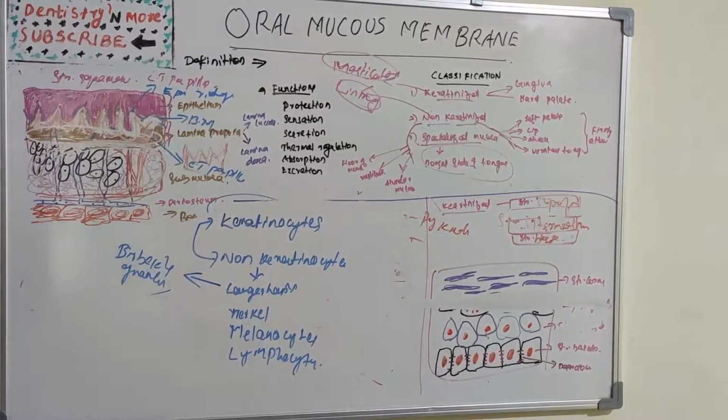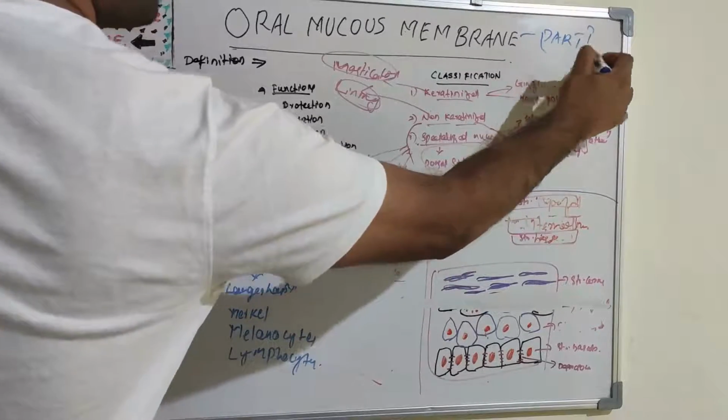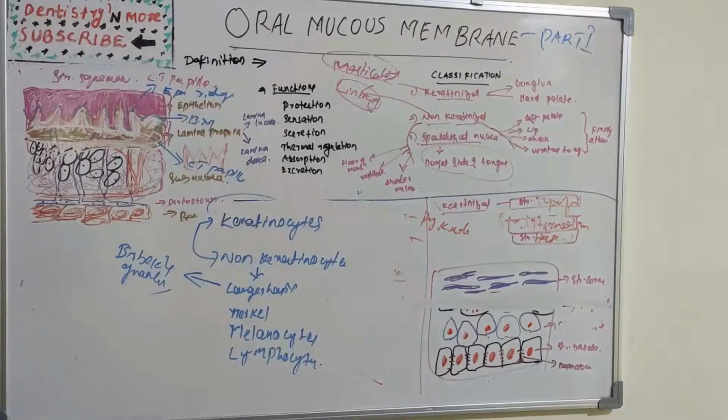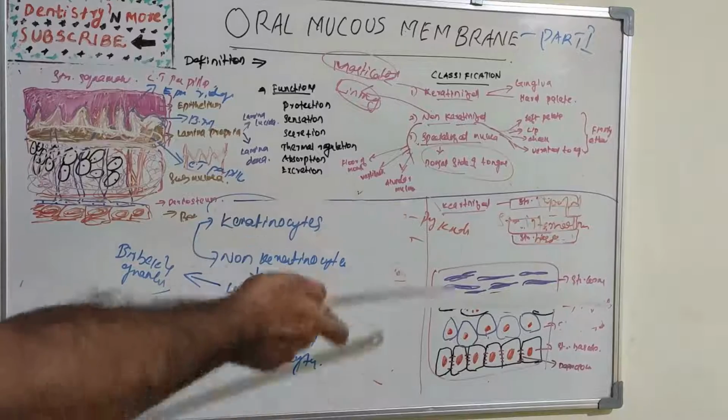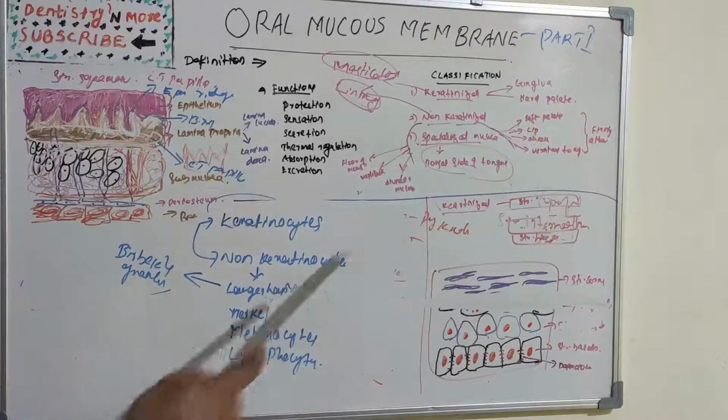So in part 1 we have learned more about its epithelium, its functions, its layers, lamina propria. So there are lots of questions that will be asked: lamina propria, lamina lucida, lamina densa, papillary layer, reticular layer, desmosome, hemidesmosome, keratinization, non-keratinization layers, stratum basale, stratum spinosum, stratum granulosum, stratum corneum.